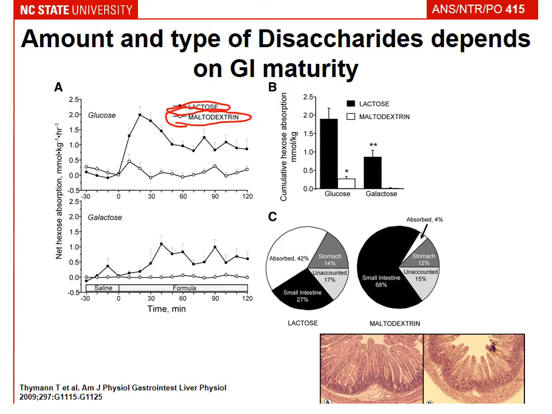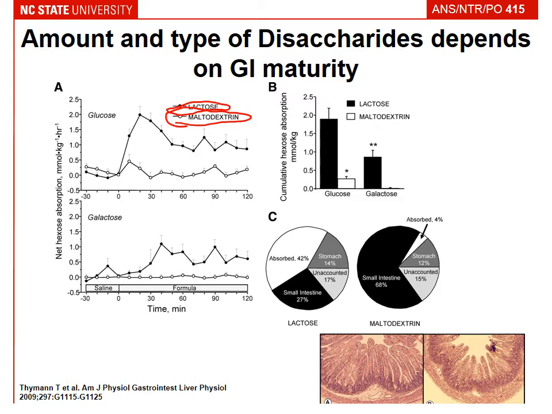And the animals actually have a requirement for lactose, and that's all because they do not yet have the maltase enzyme well developed, or the sucrase enzyme well developed on their GI tract, but they have a significant amount of lactase still there.